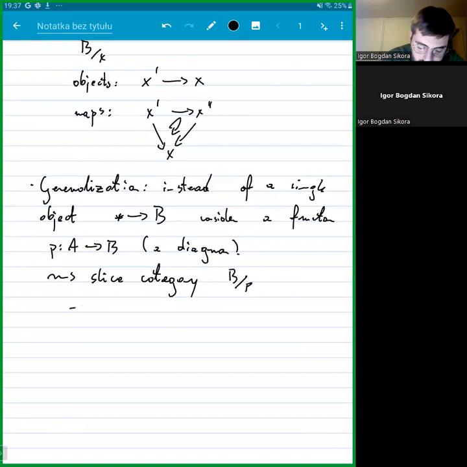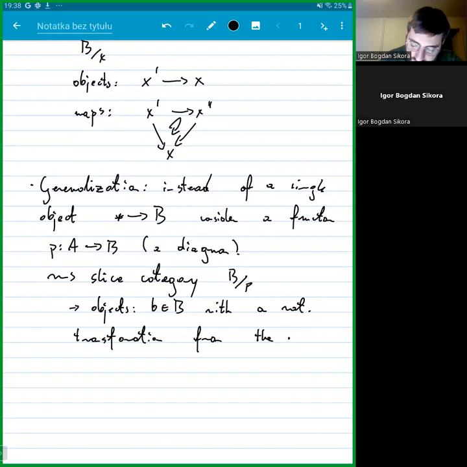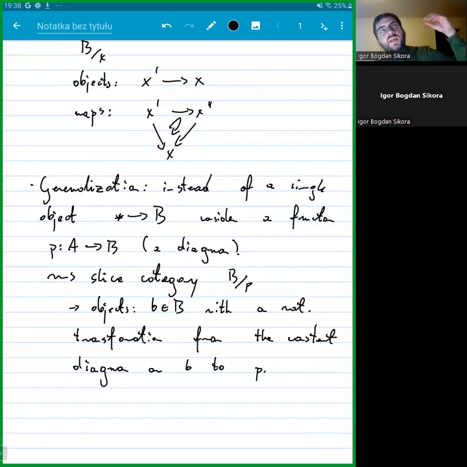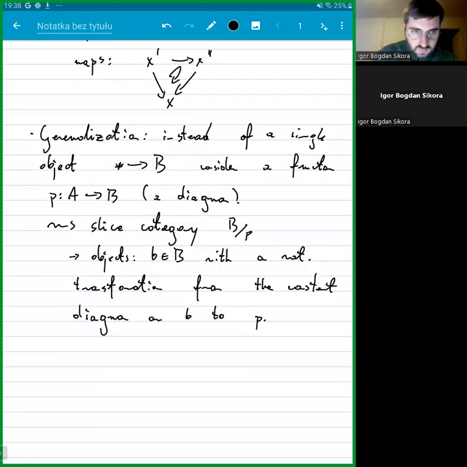So what are the objects? The objects are objects B of the category B with a natural transformation from the constant diagram on the element B to the diagram P. So really, we are mimicking the condition for the over category of a single object, but now we are forming cones over the functor P. And what are the maps?